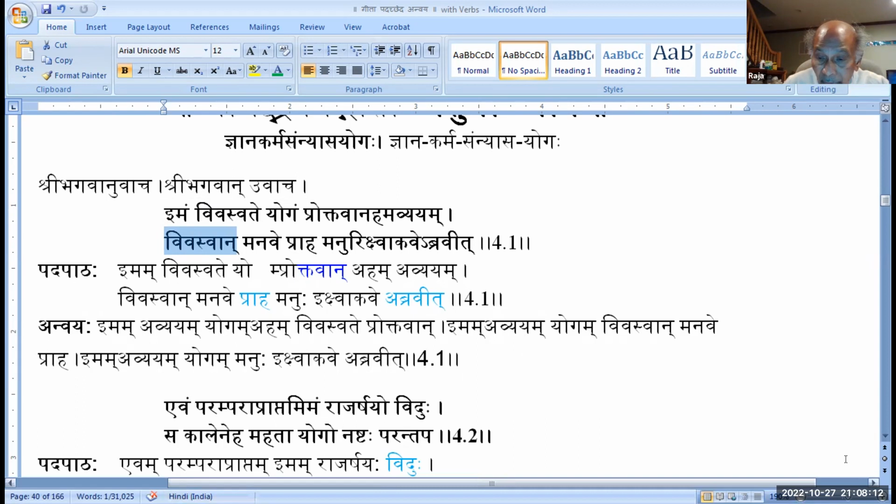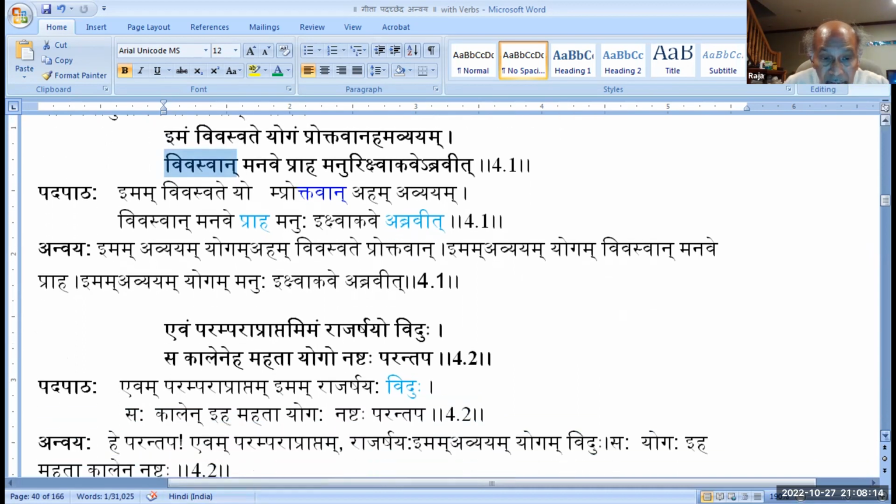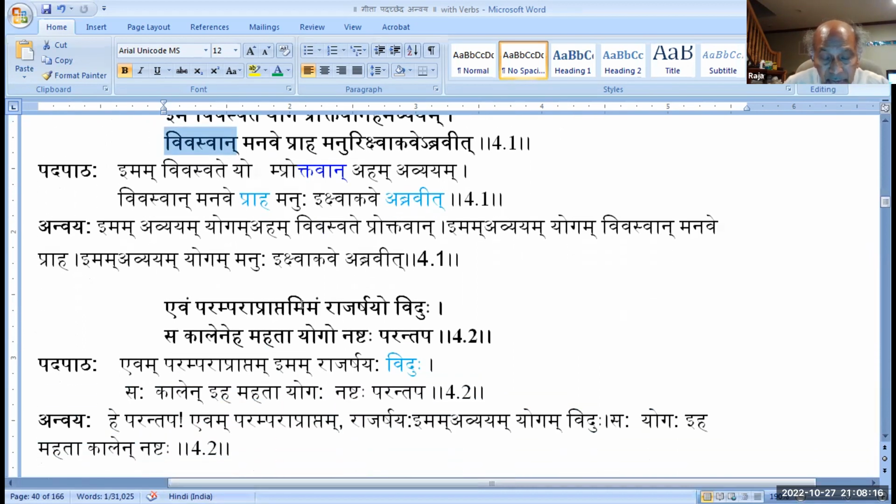Then evam, thus, that parampara praptam, it came by a lineage, which Rajarshayaha viduhu, the Raja Rishis, plural, will know, Janaka and all those royal sages.